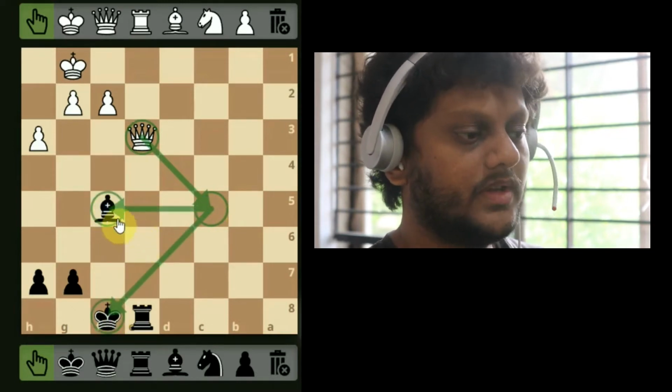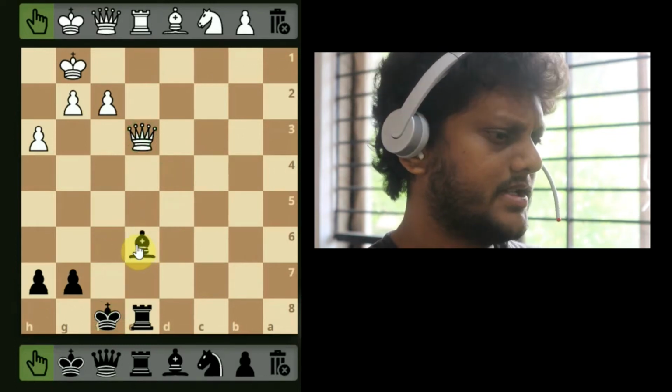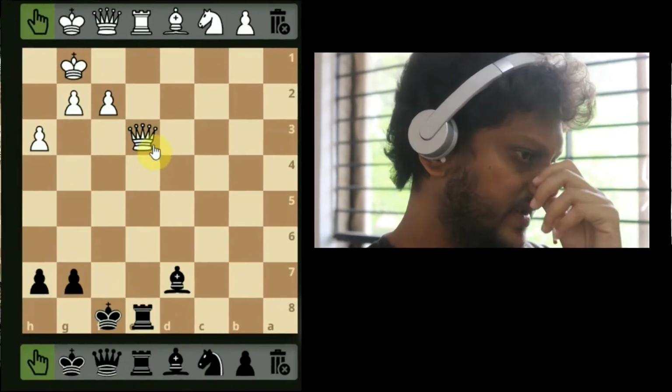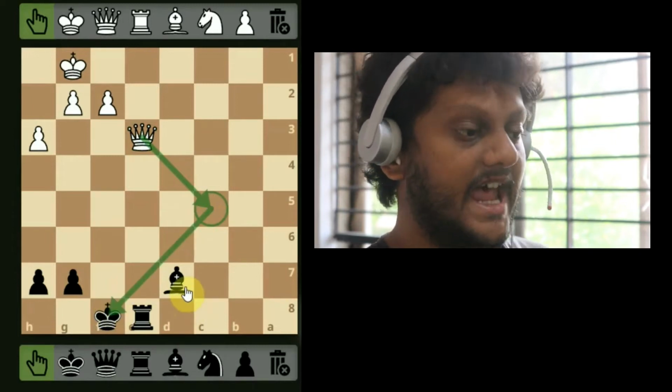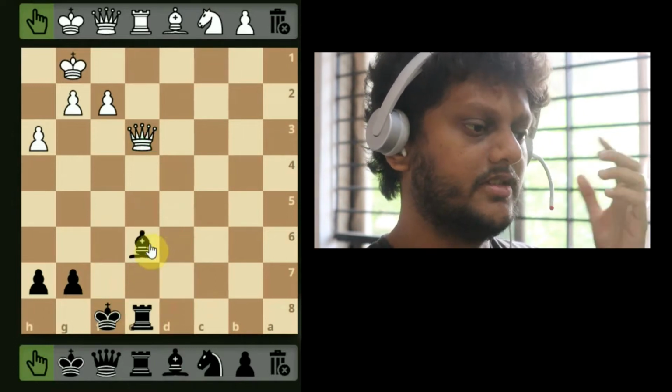So you have to be careful how you move your piece out of the way. If you ask me, I think this is a good move, this one or maybe this one, because even if the queen delivers a check, none of your pieces is hanging or under threat of being captured. This is how you can understand the discovered check.